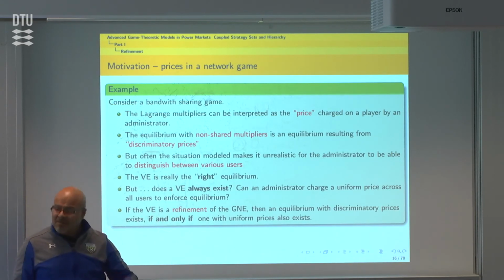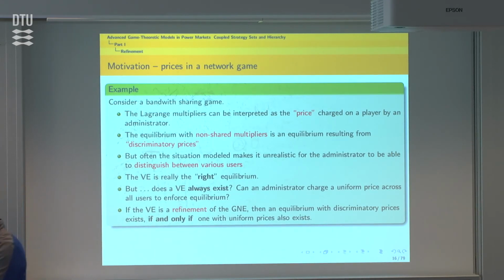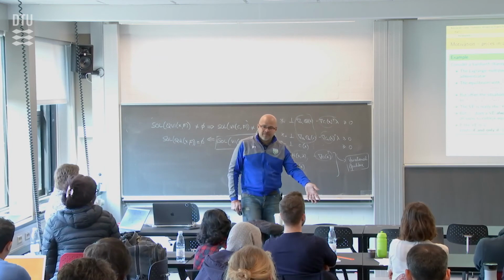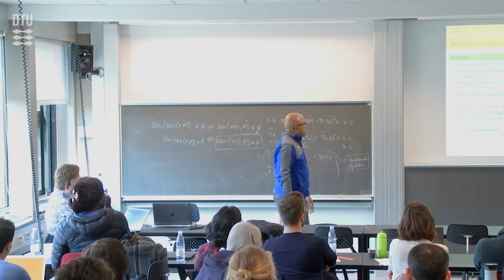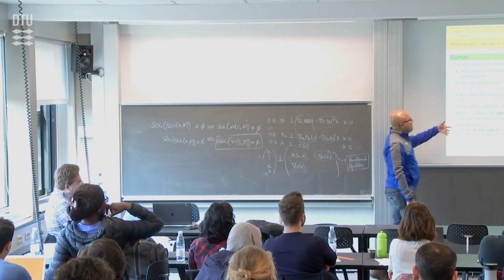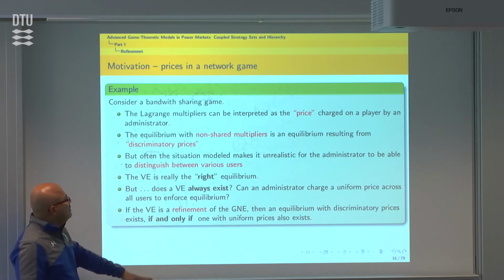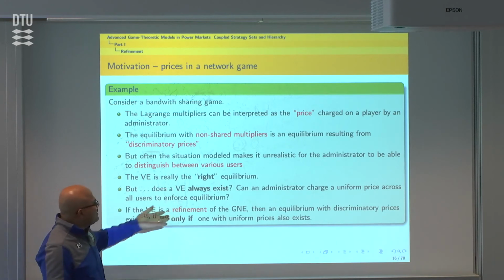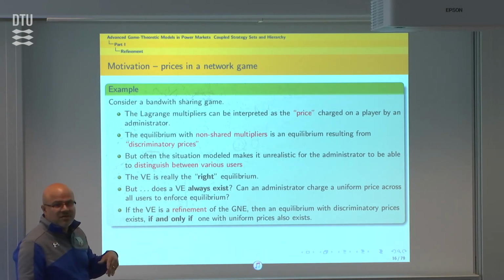And if you were to implement the equilibrium, you have to have consistent prices for a variety of other reasons. You cannot have different LMPs at the same node for different users. So the VE in that context is the right equilibrium. It's the implementable equilibrium, and it allows for charging in this context a uniform price across all users.